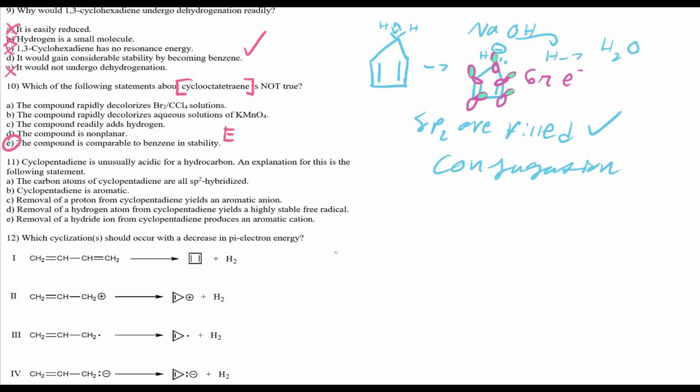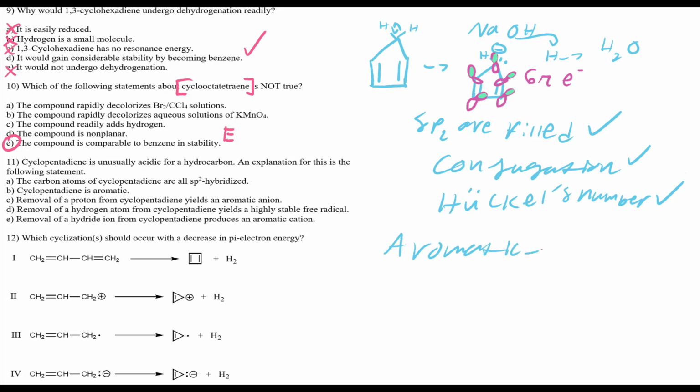Okay, so that's checked. And then we have 6 pi electrons. So that must mean that we have a good amount of electrons. So Huckel's number is also satisfied. So that must mean, since we have all 3 requirements filled, it means that we are aromatic.